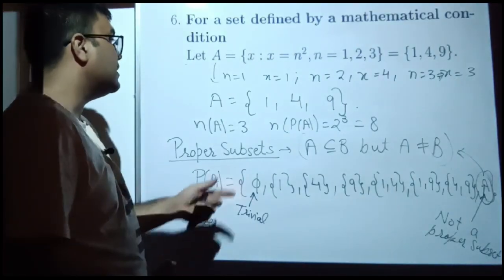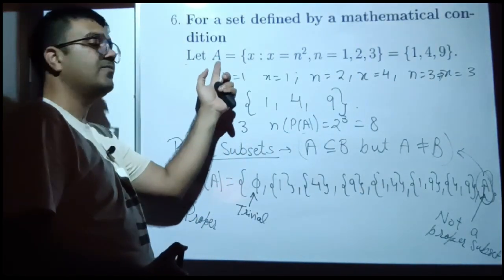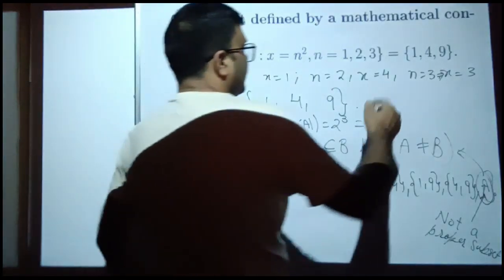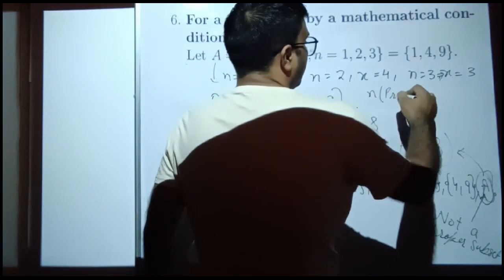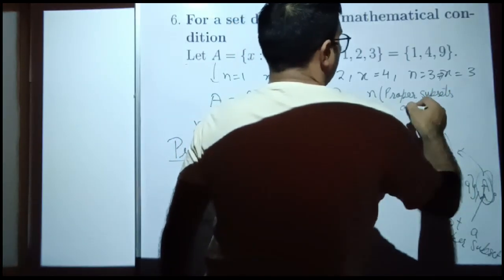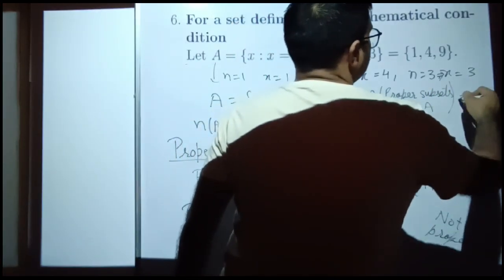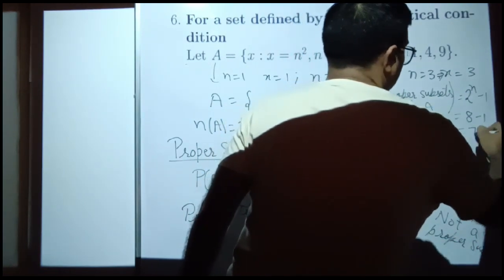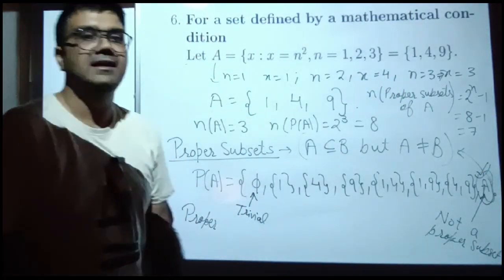So the number of proper subsets of A, with A removed, is given by 2 raised to the power n minus 1, that is 8 minus 1, which is equal to 7, because A is not a proper subset of the set A.